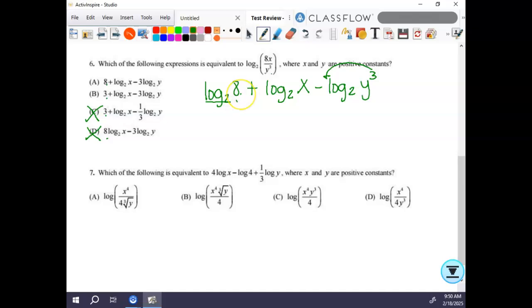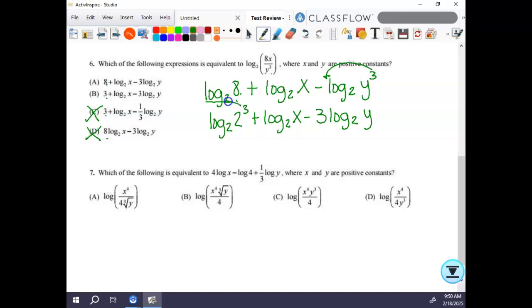I can rewrite this as log base 2 of 2 to the 3rd plus log base 2 of x minus 3 times log base 2 of y. All right.